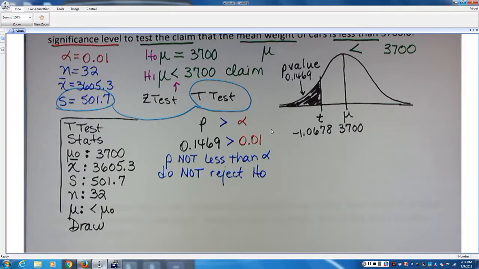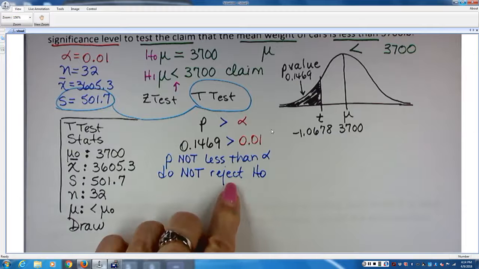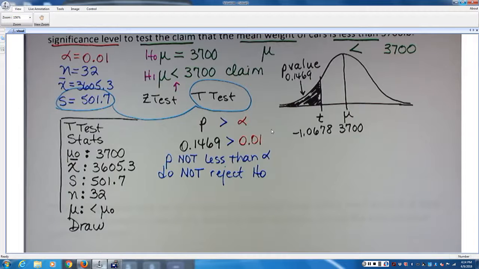Is H0 the claim? No. And since H0 has not been rejected, the claim has been. Okay? Since H0 is not rejected, and H0 is not the claim, then the claim has been rejected.